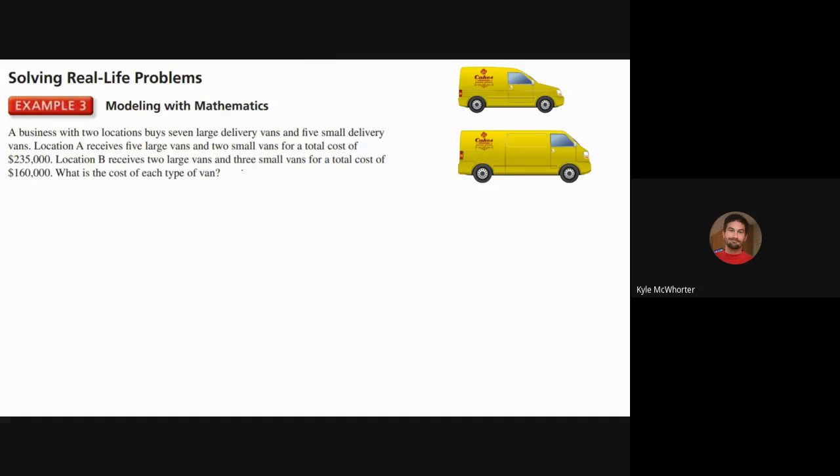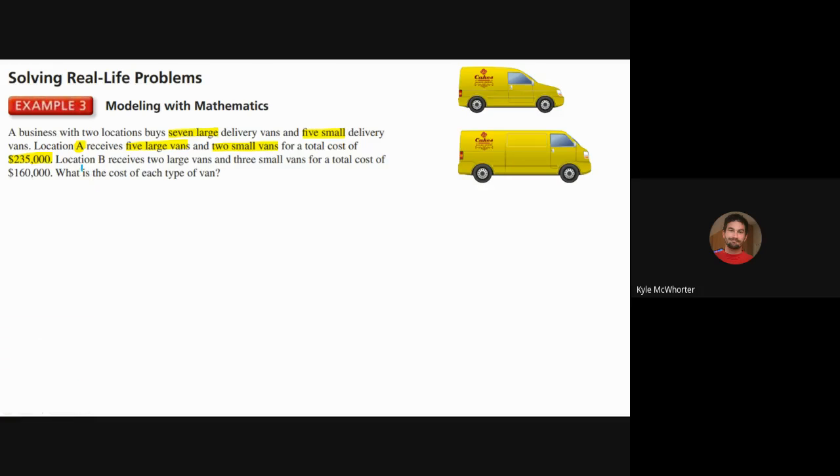All right, and then we've got a real life problem, modeling with math. A business with 2 locations buys 7 large delivery vans and 5 small delivery vans. Location A receives 5 large vans and 2 small vans for a total cost of $235,000.